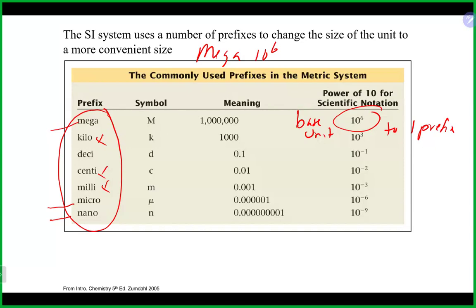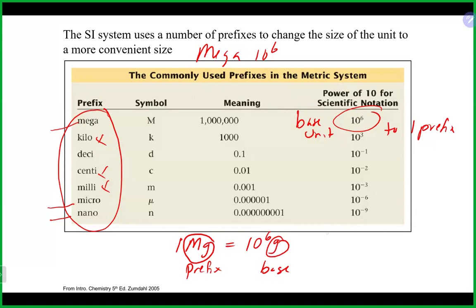What that means is, for example, if I had 1 megagram, there would be 10 to the 6 grams. So again, in the prefix unit, which is this one of those, that is how much there is in the base unit here. And again, you want to make sure that you do that correctly.